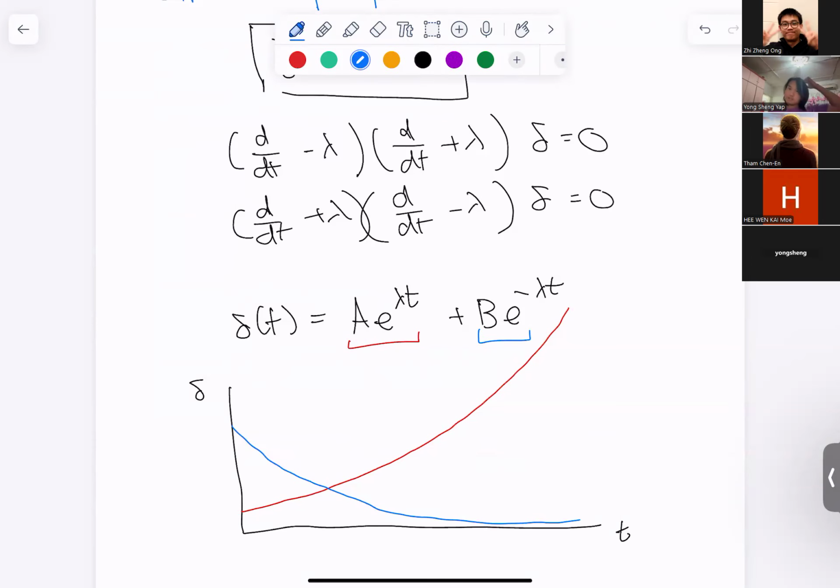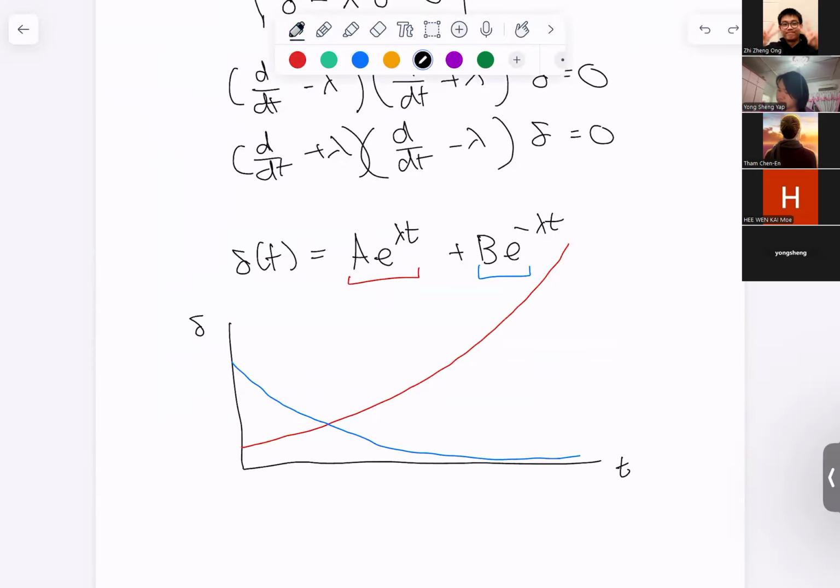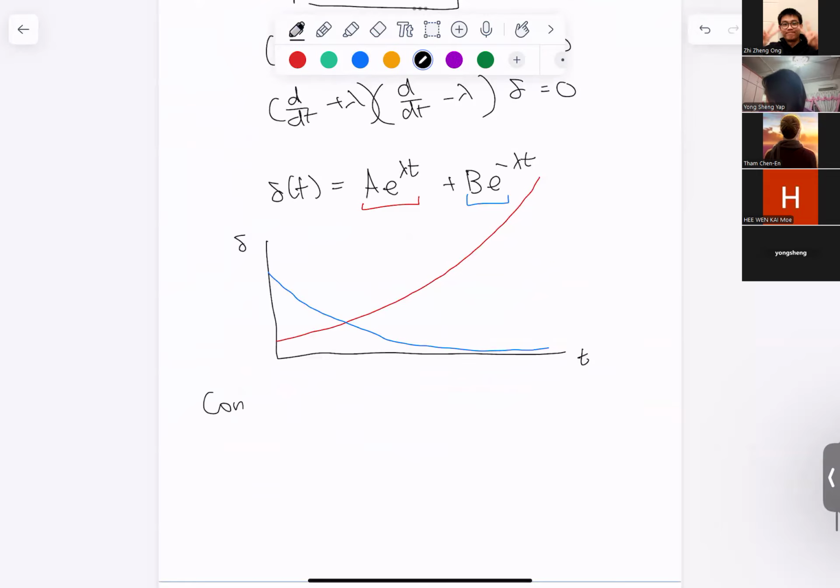These are non-oscillating solutions, and what this means is, let's consider a case that at t equals zero, delta equals some initial value, and delta dot is zero.